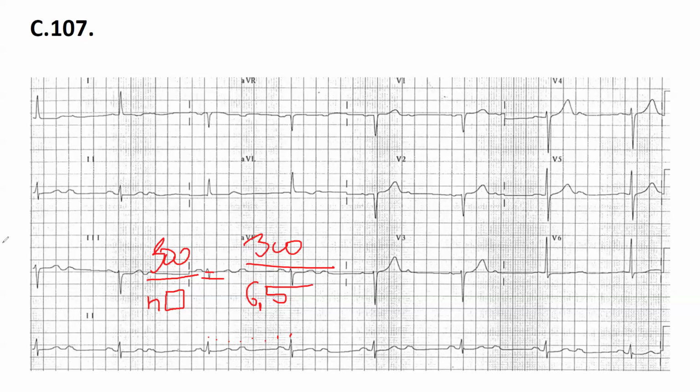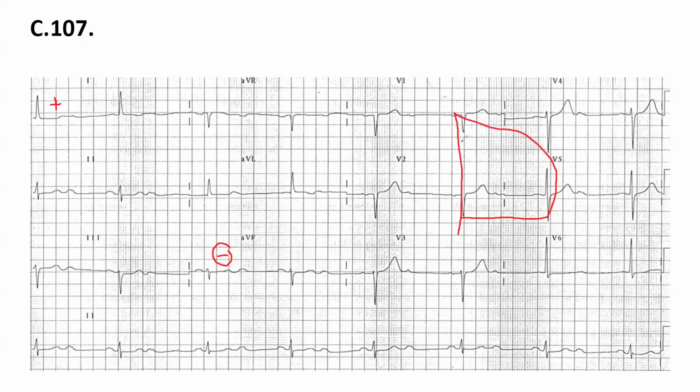Next one, the axis. Lead 2 is positive. Lead 1 is positive. aVF is negative. It means that we are somewhere here, on the left deviation.